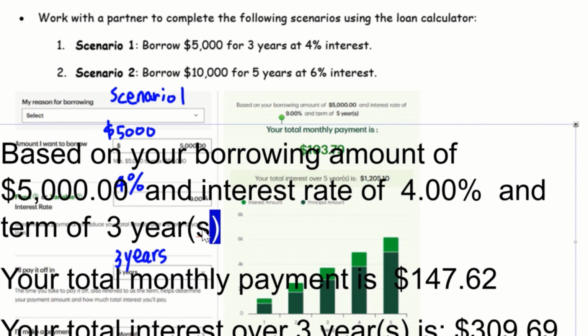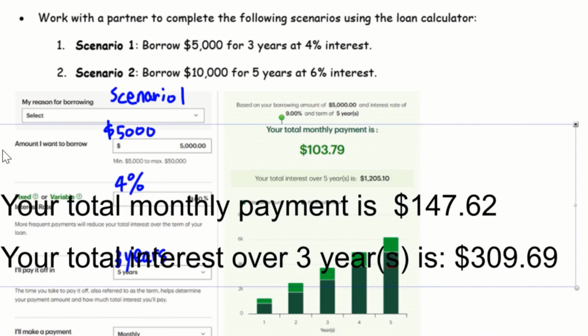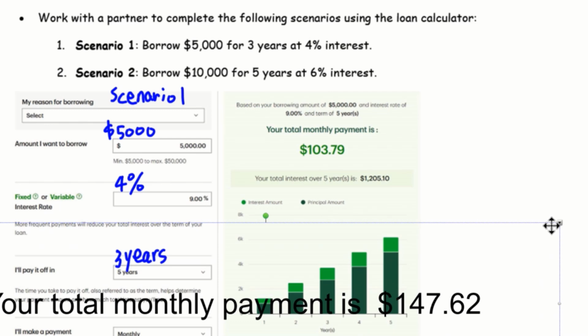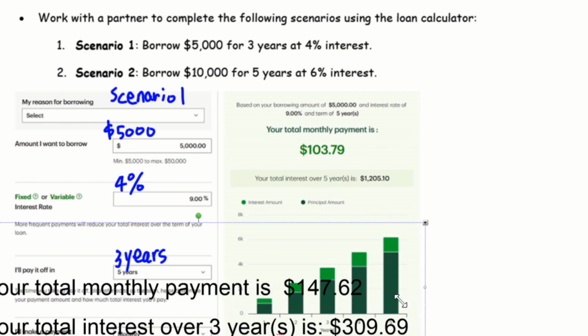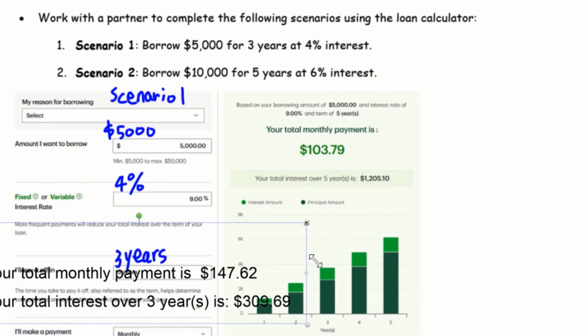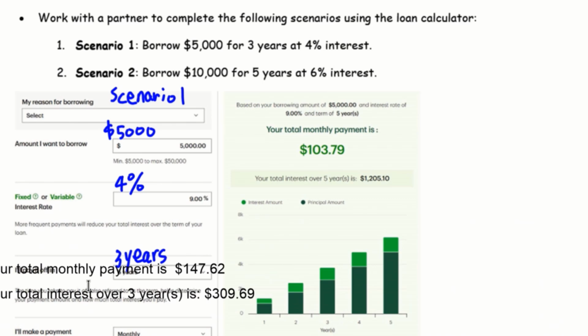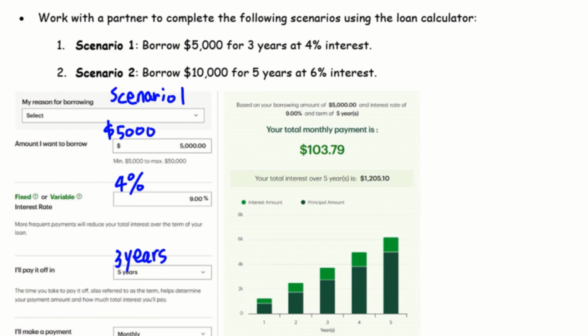So this is for scenario 1. I will just delete this one and make it smaller. So this is for the first one. Scenario 1 is this one.